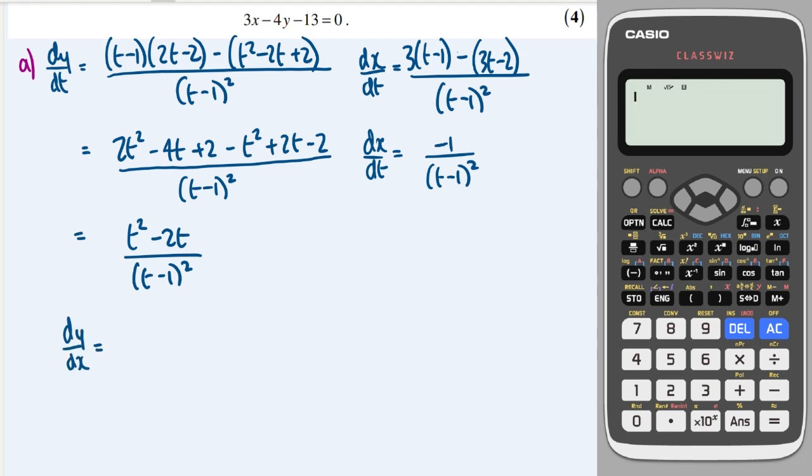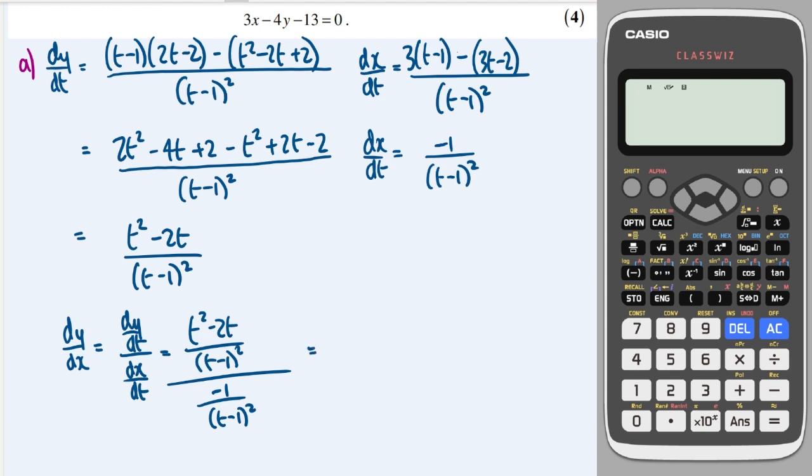and that is dy by dt over dx by dt. So that will be t squared minus 2t over t minus 1 all squared, all over minus 1 over t minus 1 all squared.